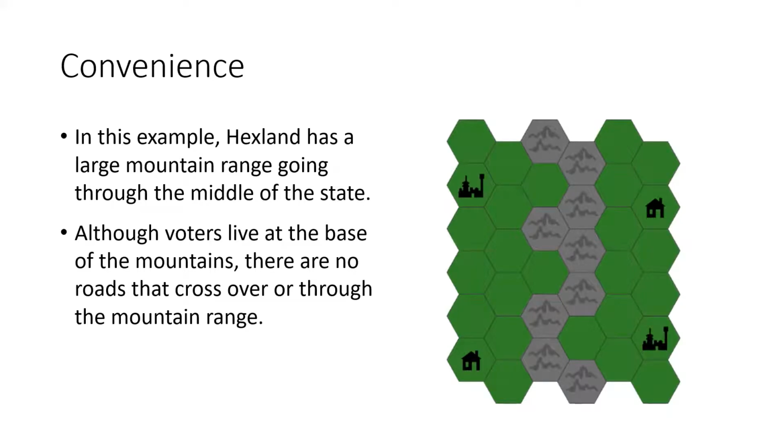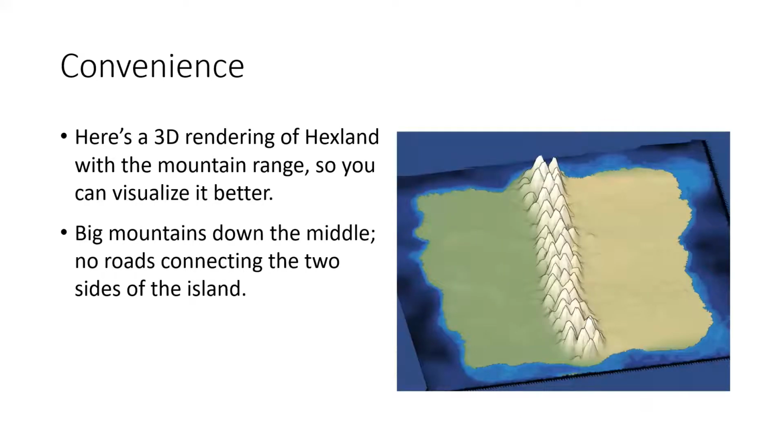So really, the two sides of the island are split up and really don't have much contact with each other, because there's no way to travel between the two sides of the island. So I put together a 3D rendering of this map just so you could visualize it better. Little island, big set of mountains down the middle of it, no roads, no valleys, nothing. The two sides of the island are fairly separate.